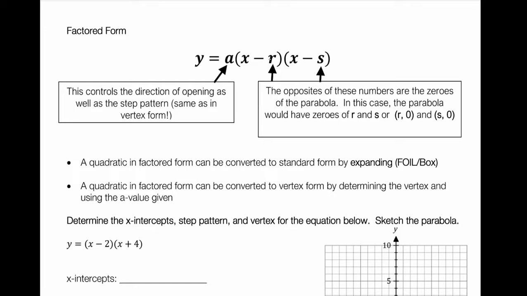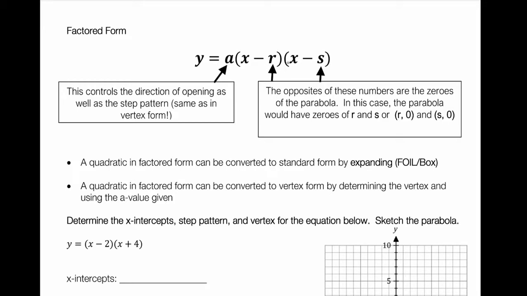The two numbers in the brackets, or more specifically the opposite of these numbers, are the zeros of the parabola, or also x-intercepts, roots. So basically in this case, the parabola would have zeros of r and s, or specifically the points r,0 and s,0, because again, if they're the x-intercepts, they cross the x-axis.